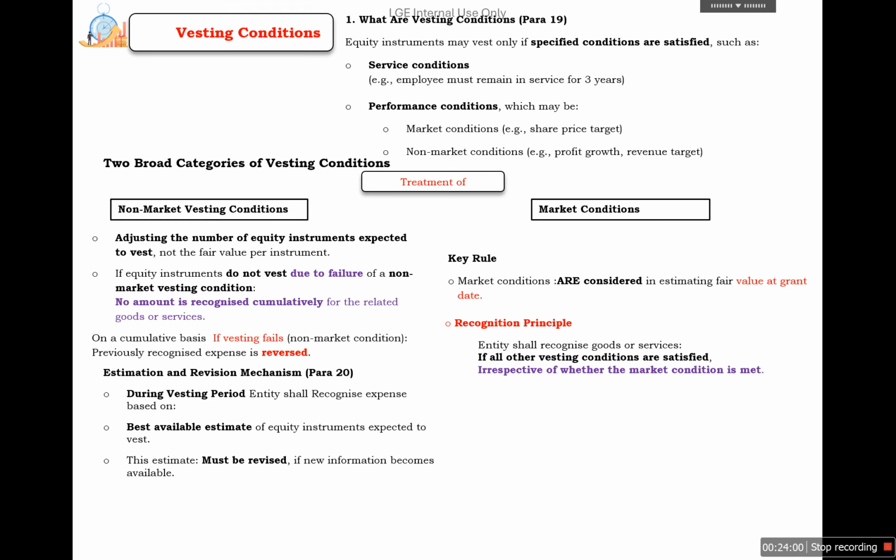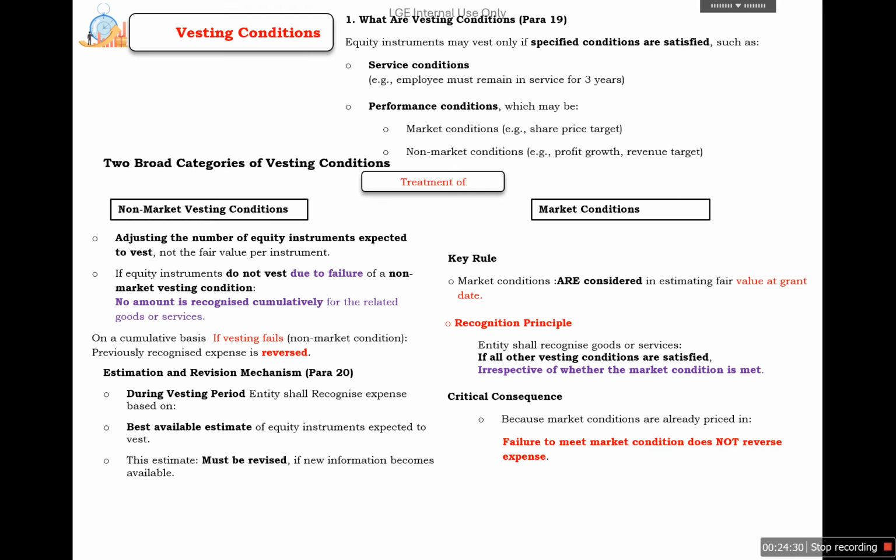It will look only at the vesting conditions, not the market conditions, because market condition failure, etc., we have already taken care of in the fair value, and whatever services we have received will not be reversed. So we have to book the expense. So here, because market conditions are already priced in, failure to meet a market condition does not reverse the expenses.